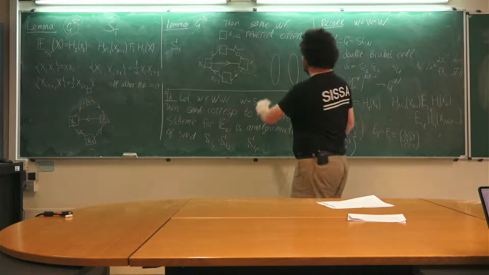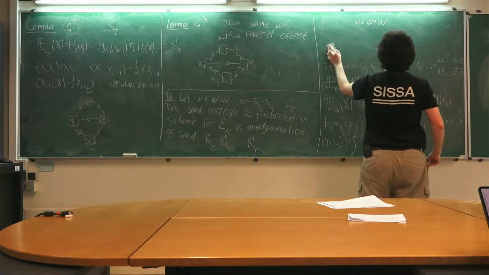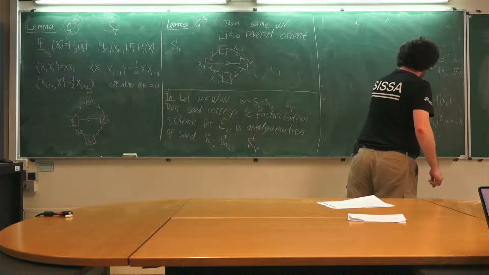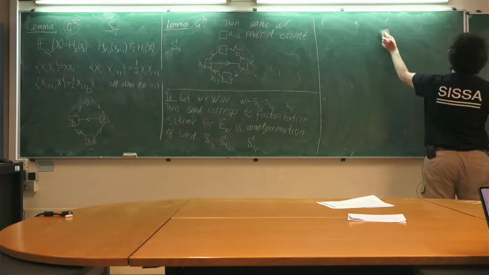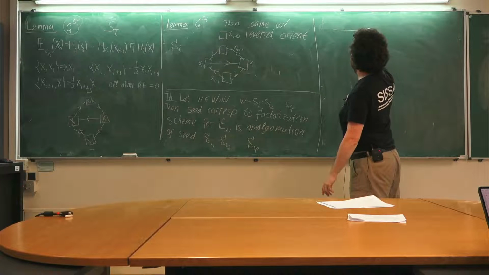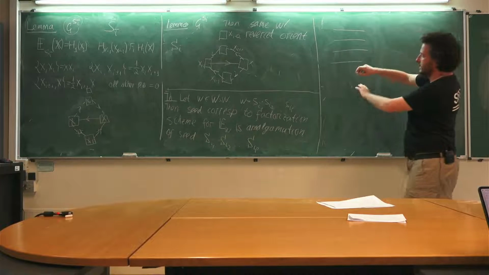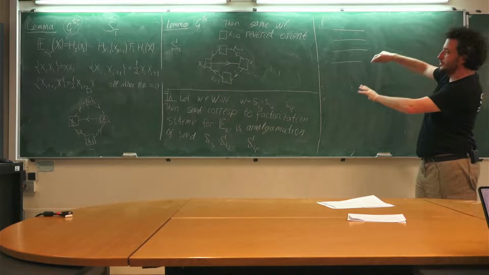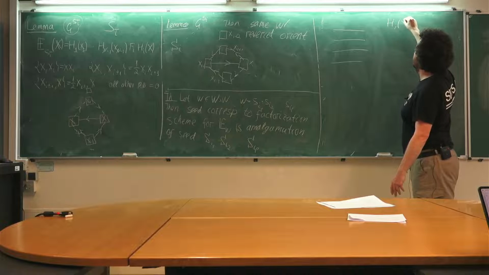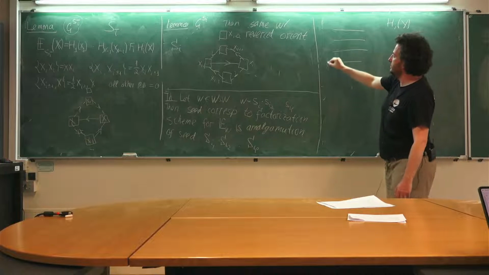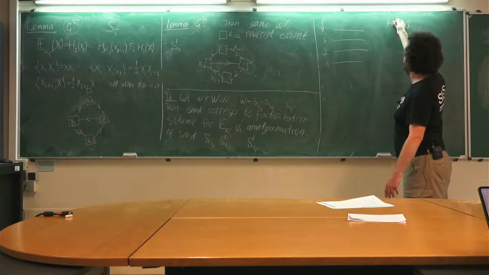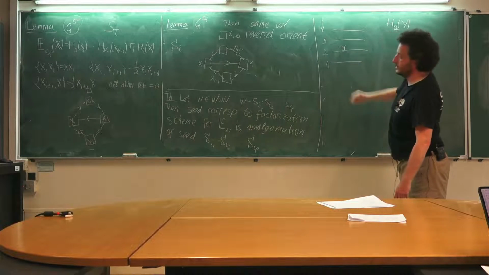Each of these quivers lives in some picture with lines. So when I write some Hi of some variable y, I would say that I label my lines 1, 2, 3, 4, and I put y on the ith line.